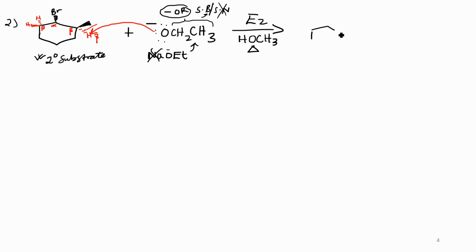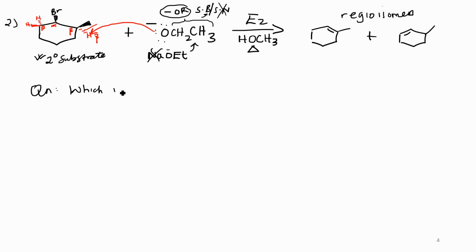So the products, there are two products. Either you're making your double bond here or you're making the double bond here. So you see the double bonds are on different regions, so we call these regioisomers. So which is the major? That was my question. The question is, which is major?